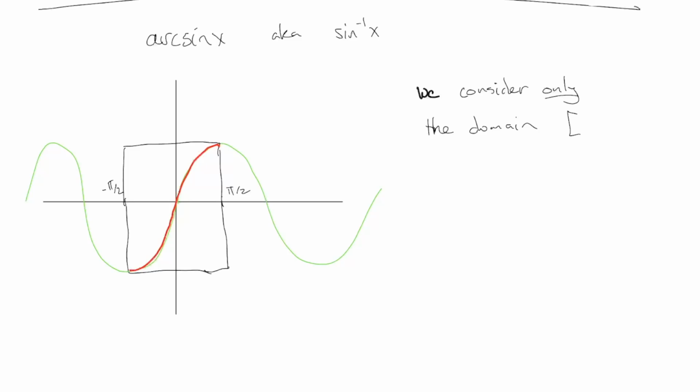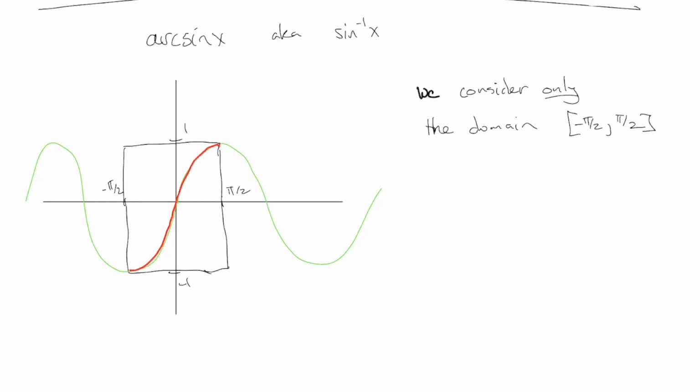Those are the x values where those tops and bottoms of the curves go. So we are considering only this domain, minus pi over 2 to pi over 2. And of course, the range goes up to 1 and down to minus 1, because that's what sine does.